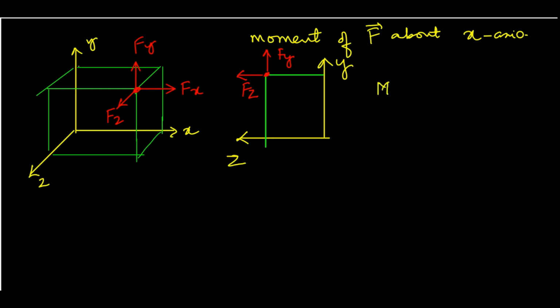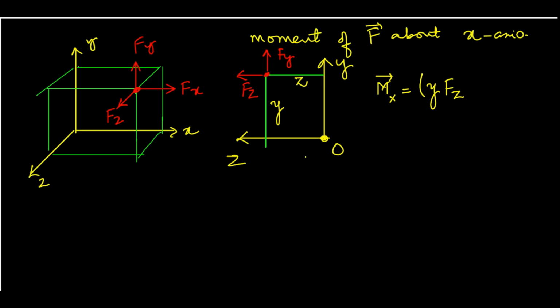So your moment about x-axis is y times Fz, right? So this is the y distance, this is your z distance. Y times Fz about the origin, or about the x-axis, is causing a positive moment because your thumb is now pointing towards, right hand rule.